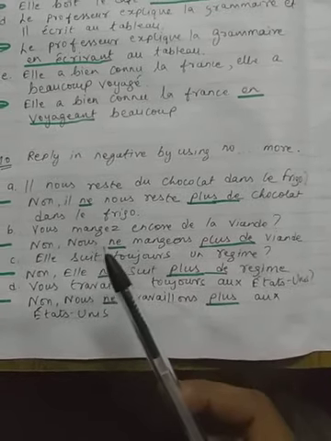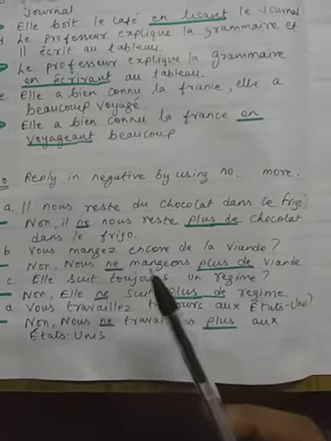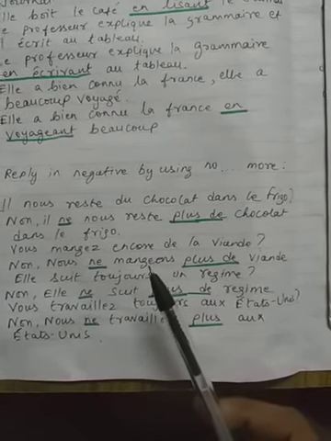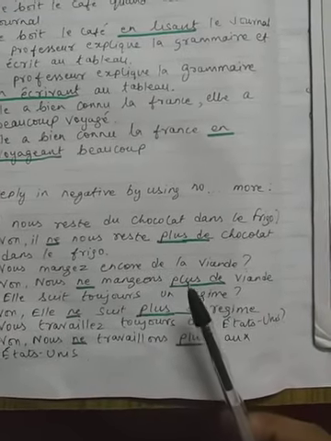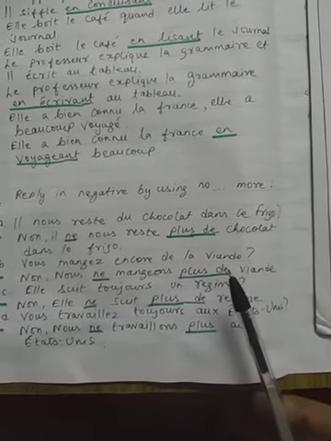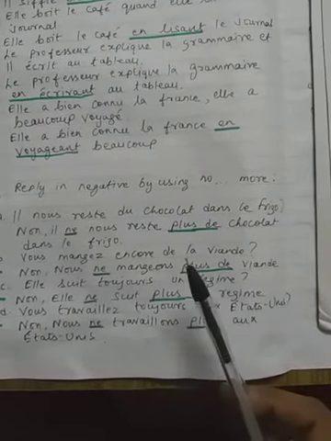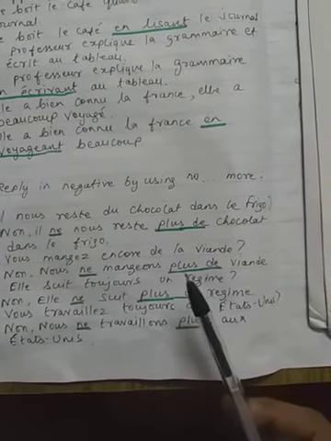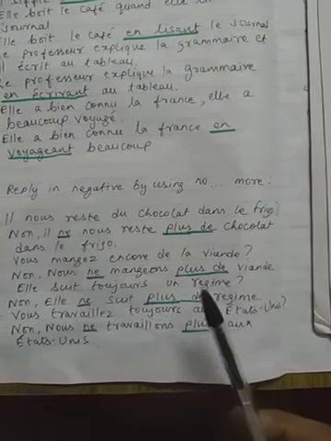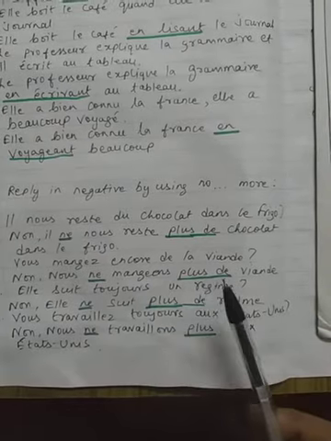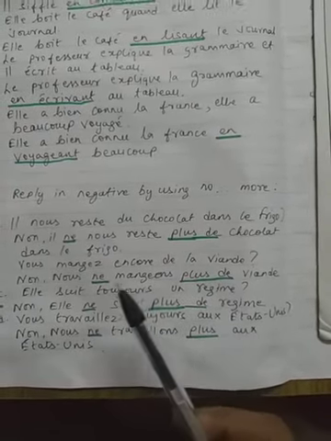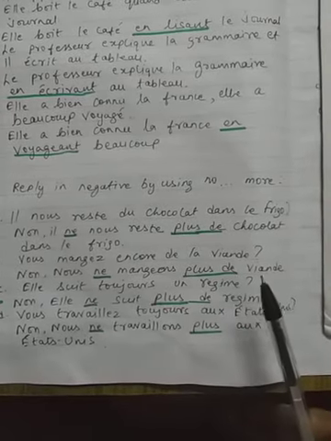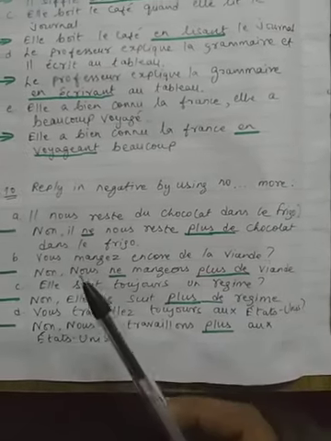Non, nous ne mangeons plus de viande. Put the negative element plus, and de la viande becomes de viande. No, we no longer eat any meat. Put the negative element ne, then plus, then change the article. That's all. Continue the sentence.